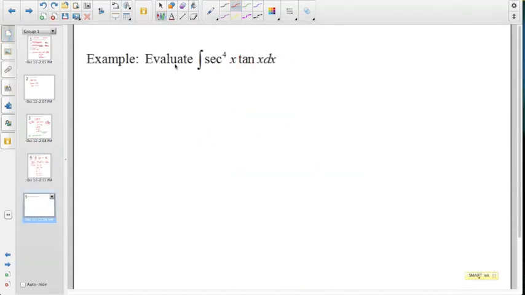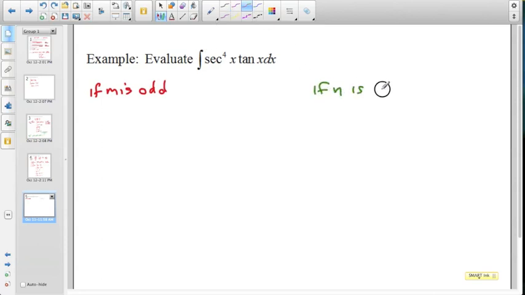In this integral, we see that we again have the scenario where we can have m odd, or we can have the n even scenario, and it fits both scenarios.